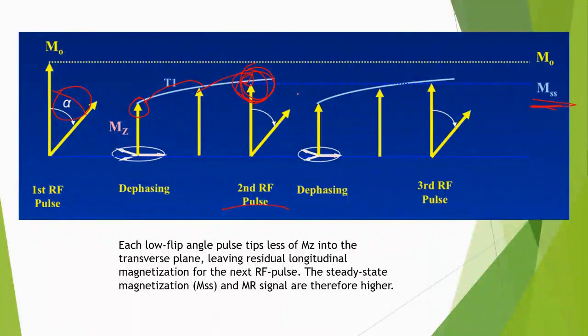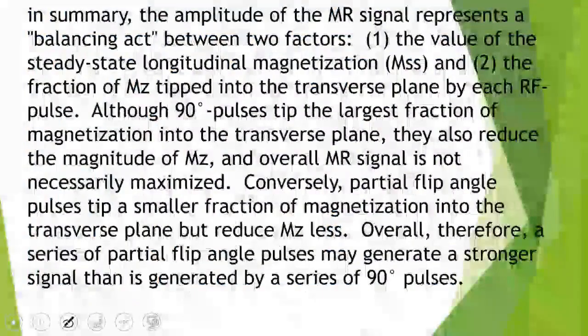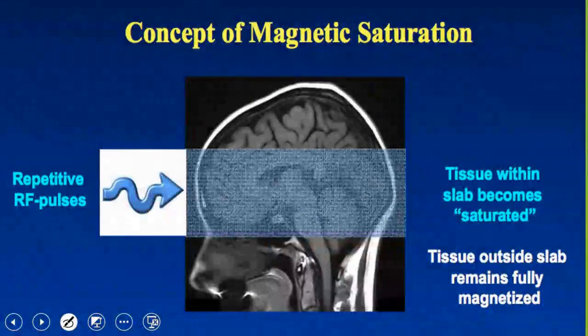You don't have 180-degree pulses and all that. You are using the gradient continuously with a small angle. So, at that moment, when you give it a 90-degree pulse, it will find that the magnetization value of all the tissues here is low, while the area here is different. So when it goes down and comes up, which one will give you a strong signal? The area will start to appear bright and you will see that area illuminated.